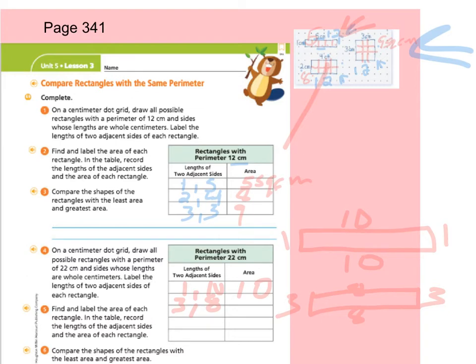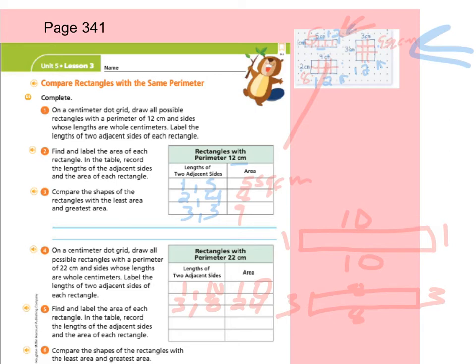So that one would have a perimeter of 22. 8 and 8 is 16, 17, 18, 19, 20, 21, 22, perimeter of 22. The area of this one would be 3 rows of 8, so 24 square units. So it goes up, more than doubles.